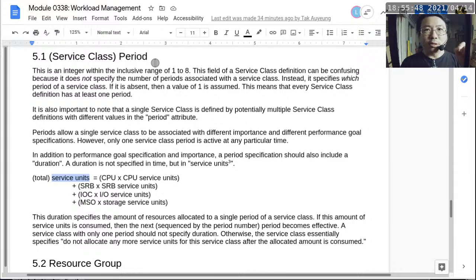So every single surface class would go back to surface class period 1 with no duration at that time, and it will start accumulating from that point forward. But I have to look it up. It just makes sense to me that when you switch policy, it would reset all of the counters, so everything starts from 0 again. But I do have to look it up.